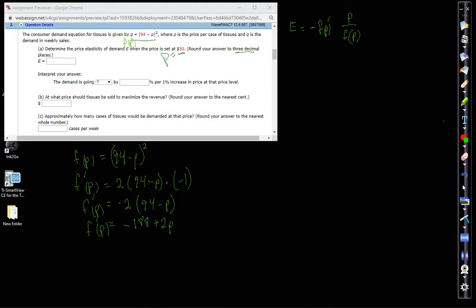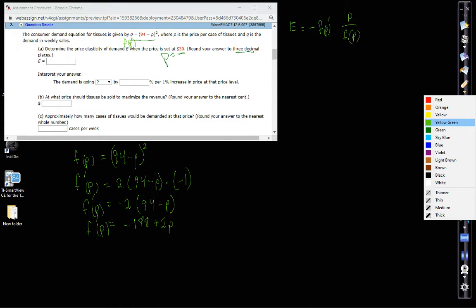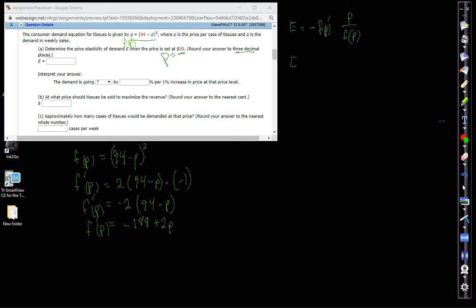And then we're going to put it into this formula up here to get the elasticity function. E is equal to minus negative 188 plus 2p times p all over the original function, which is 94 minus p squared.